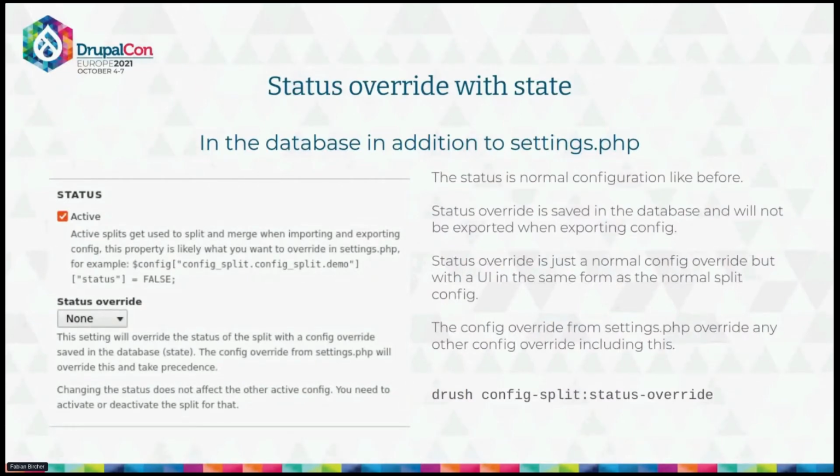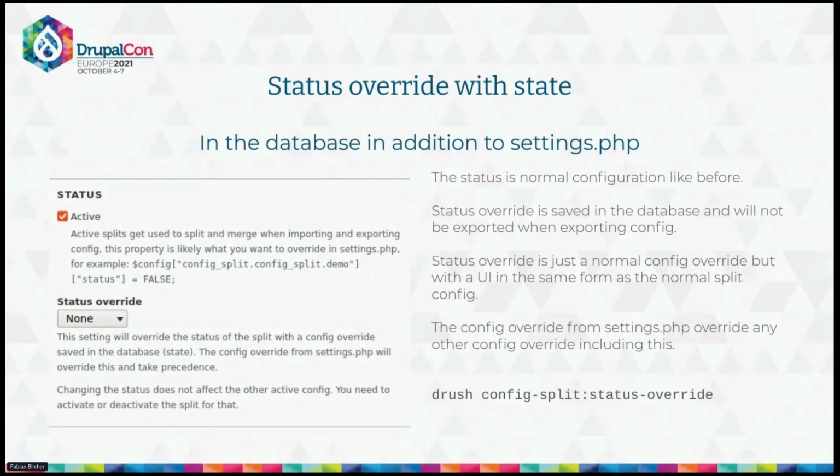And this is with the status override with the state. So the state is kept in the database and is not imported and exported. State is the place where the last cron run is kept and many other things. State is like a key value store, and we save also now in this key value store which splits are overwritten and which ones are not.